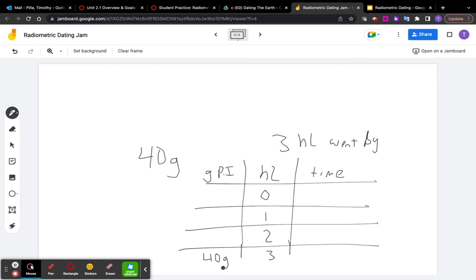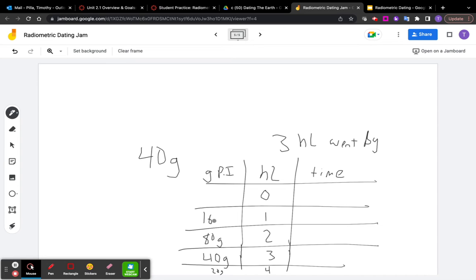Right? So we just have to kind of work backwards. If there was 40 grams at 3 half-lives, how many were there at 2? So it has to double to go back, right? Because if we had 40 grams at 3 half-lives, then at 4 half-lives, there'd be 20. So we're working backwards. So 40 times 2 is 80 grams at 2 half-lives. How many were there at 1 half-life?